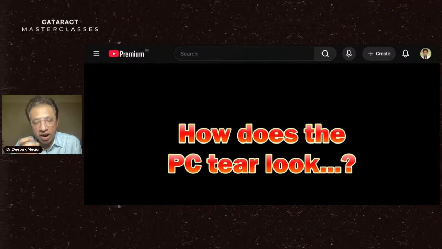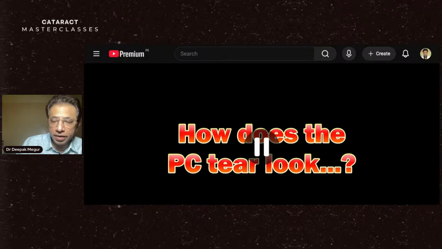Because most microscopes today have stereocoaxial illumination, our understanding of the posterior capsule tear should improve. This helps us identify the PC tear much earlier and prevent vitreous prolapse. Let us see how it looks.